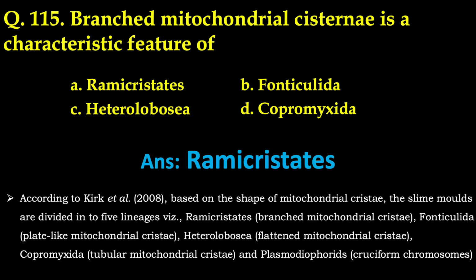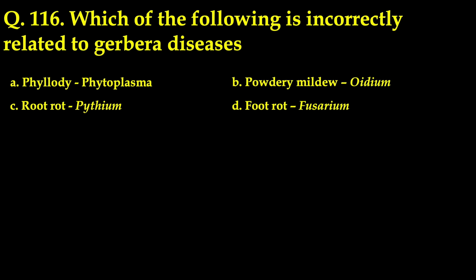Then Heterolobosea, with flattened mitochondrial cristae. Then Copromyxida, with tubular mitochondrial cristae. And last one is plasmodiophorids, with cruciform chromosomes.